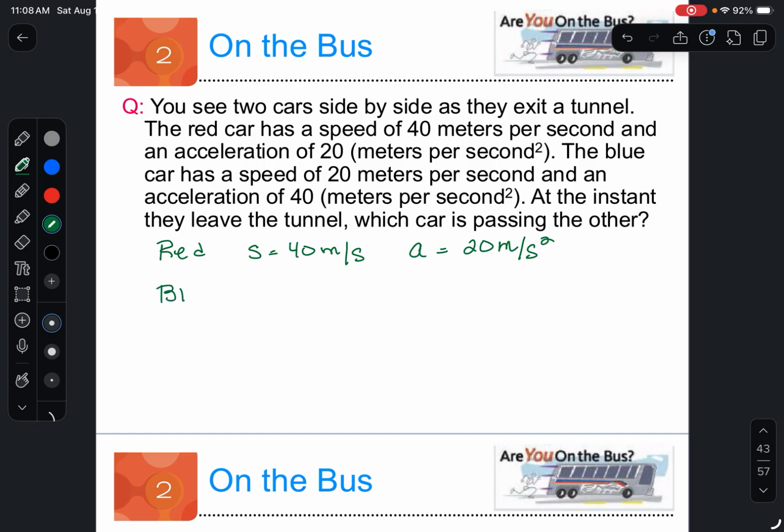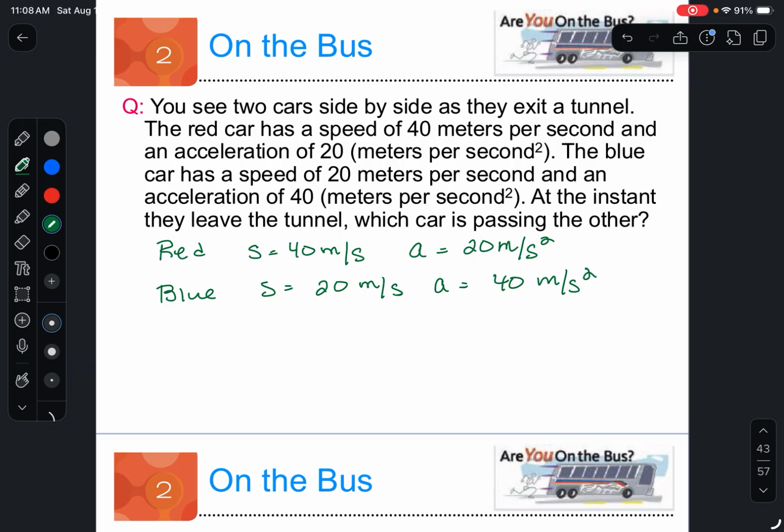Then your blue car has a speed of 20 meters per second and an acceleration of 40 meters per second squared. And you're asked, at the instant they leave the tunnel, which car is passing the other?